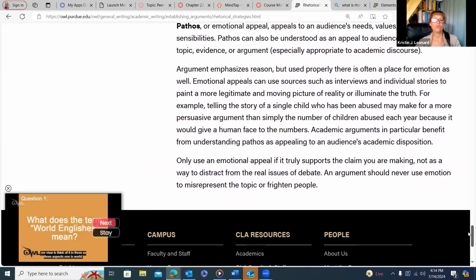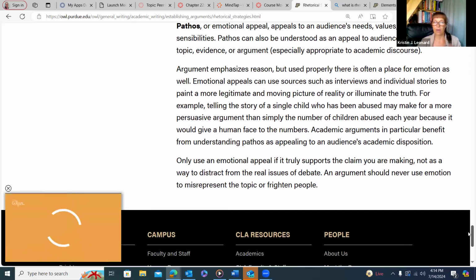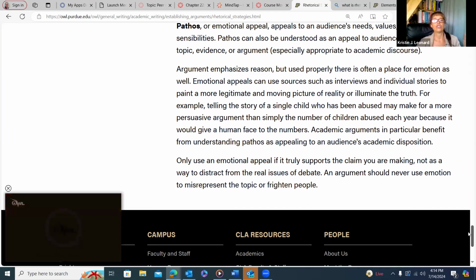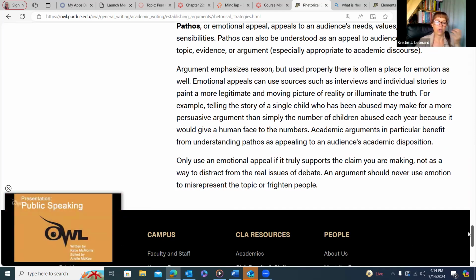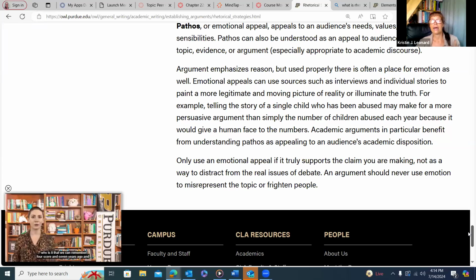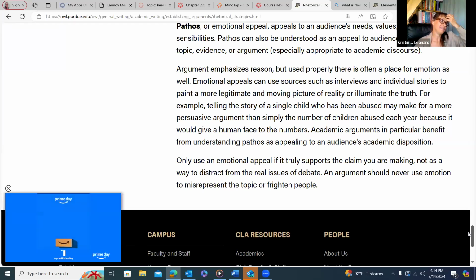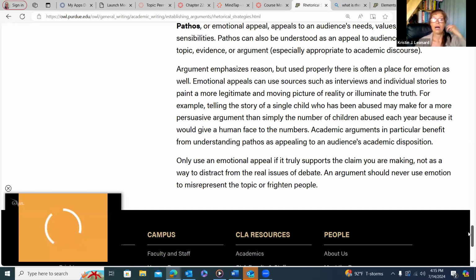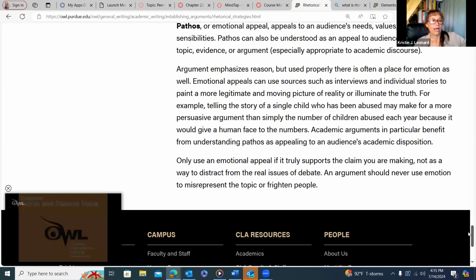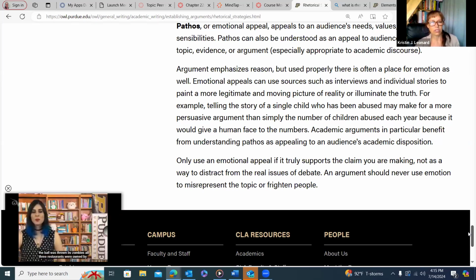You would only use an emotional appeal if it really does support whatever claim you're making, not to distract from the real issue of debate. For example, if I was arguing EV vehicles, and maybe you're discussing a car, and the fact that somebody has to pay for gas every single month, and you're going to give an example of John Doe, and John Doe can't afford to get to work tomorrow because he's already spent so much money on gas, and the gas keeps going up.